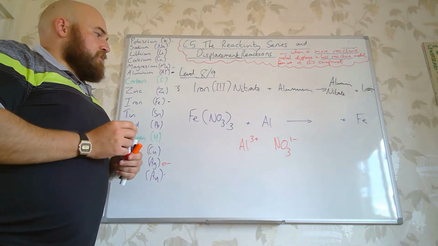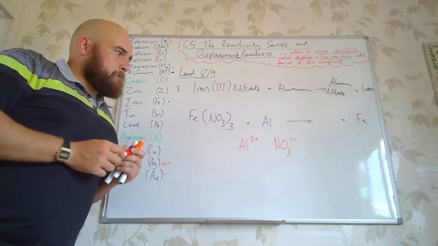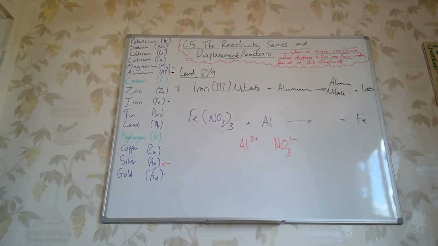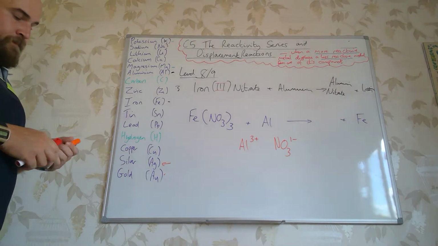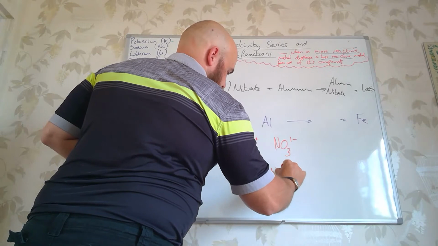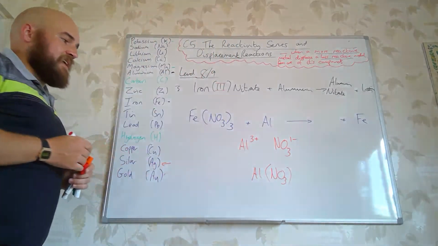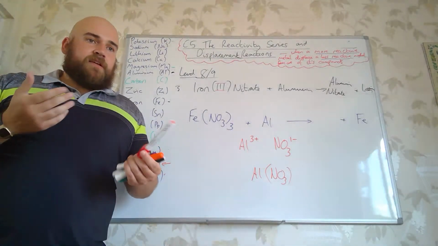So what would the formula of aluminium nitrate be? Try and work it out and try and post an answer. What's the ratio of aluminium to nitrate going to be? You might want to set up your crisscross. Good practice is to just put that in brackets anyway to stop you making a mistake, because even if you don't need the bracket, you won't get penalised for having it.